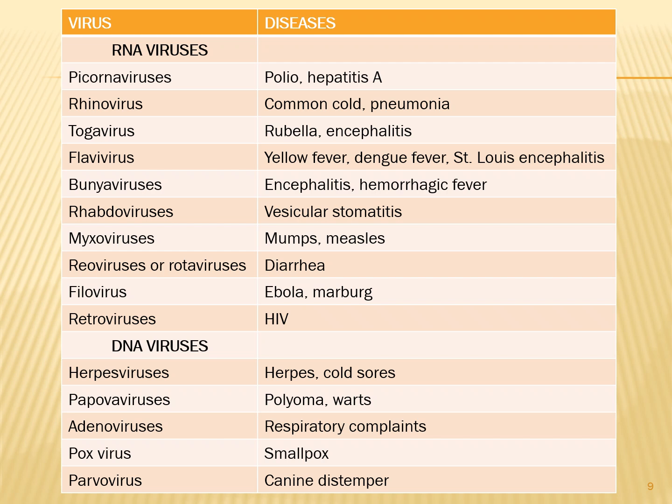Then DNA viruses like herpesvirus cause herpes and cold sores, papovavirus causes polyoma and warts, adenoviruses cause respiratory complaints, poxviruses cause smallpox, and parvovirus causes canine distemper.